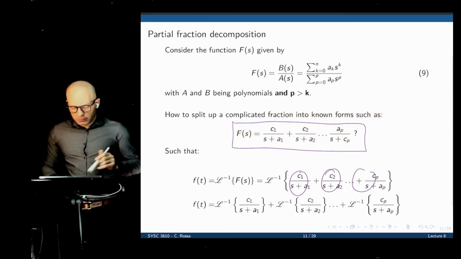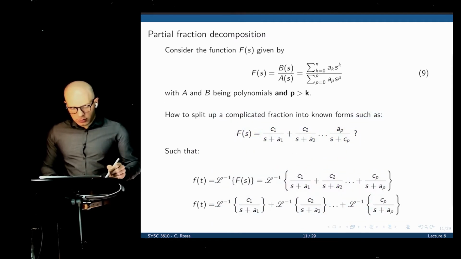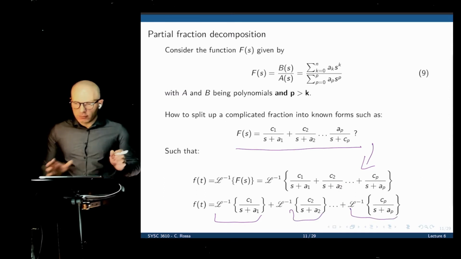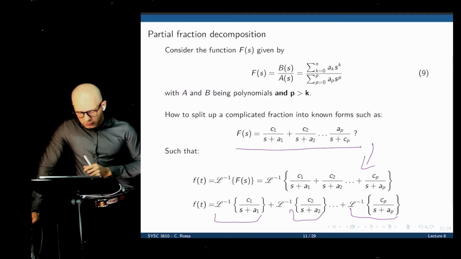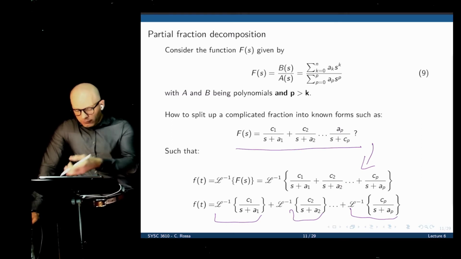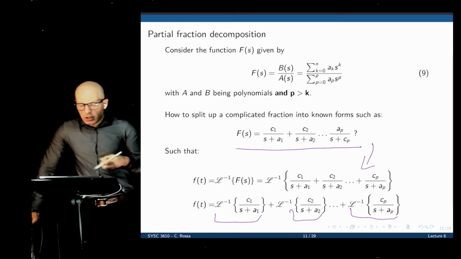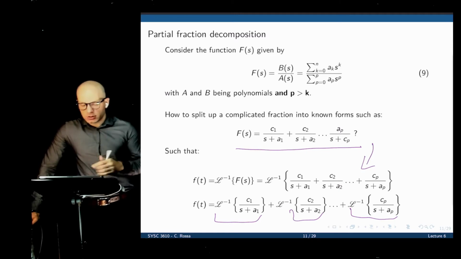That's the linear property of the Laplace transform. Our job then is to find these small fractions that are equivalent to the main polynomial we started with.